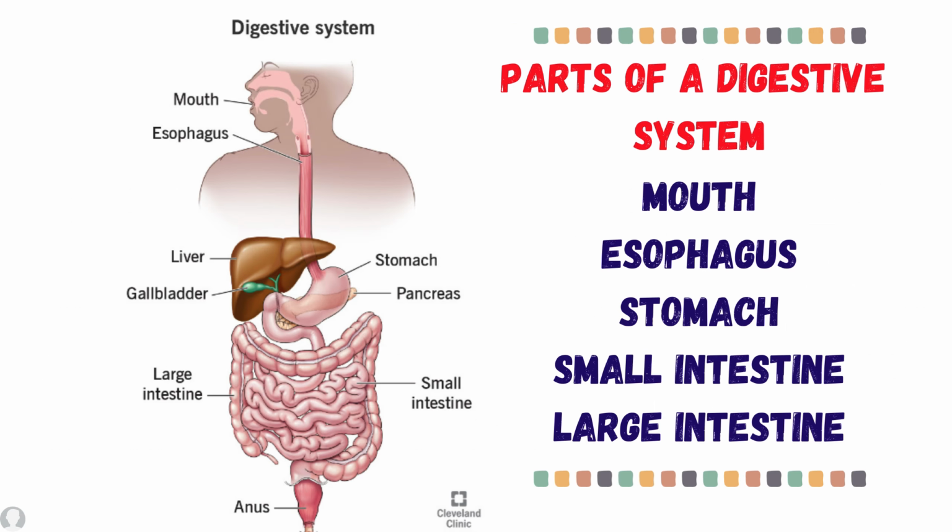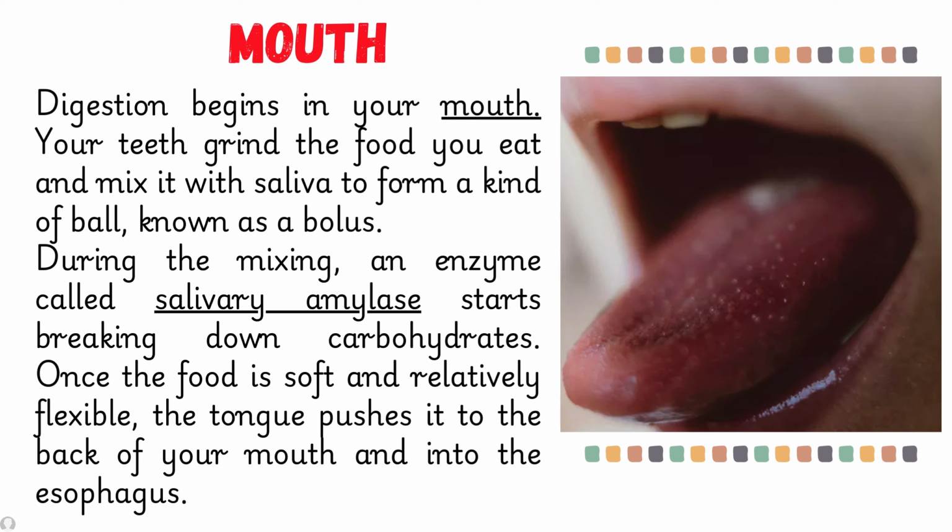Here is a representation of the digestive system. The parts of the digestive system are mouth, esophagus, stomach, small intestine, and large intestine. Mouth. Digestion begins in your mouth. Your teeth grind the food you eat and mix it with the saliva to form a kind of ball known as bolus.